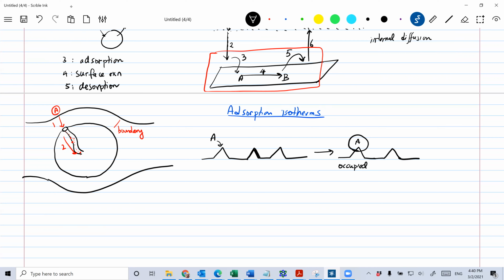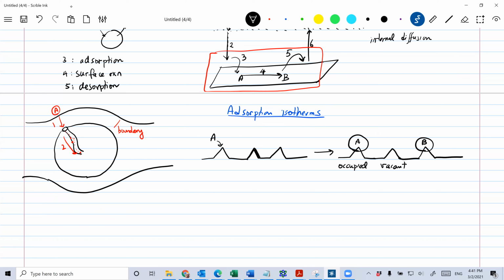Now, if a reaction has occurred, A goes to B, for example, B can also be on the surface. So this is in reality what could be happening. If we have a reaction that's ongoing, A gets on the surface, reacts, and then transforms into B, and B is on the surface, and B is going to leave. So you have occupied states and vacant states. So that's what you end up with.